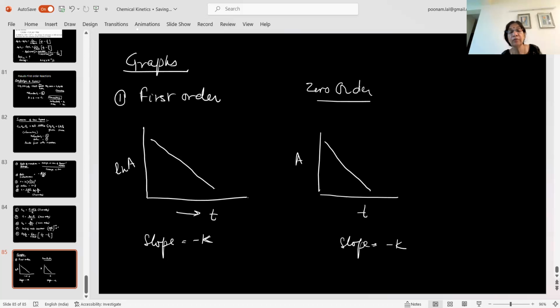So if the graph is between ln A and t, the slope will be of the first order reaction. If it is between concentration and time, then the slope will be of the zero order reaction.